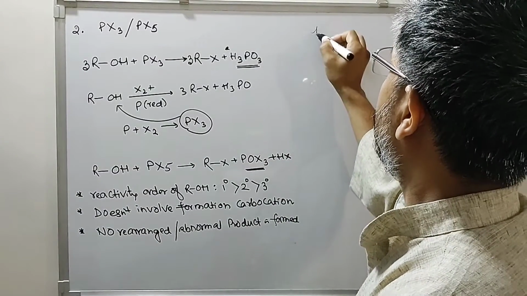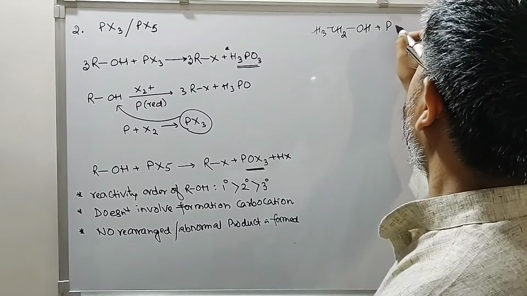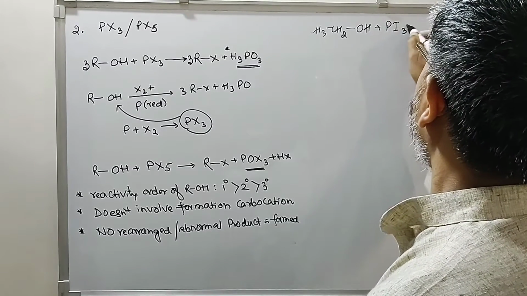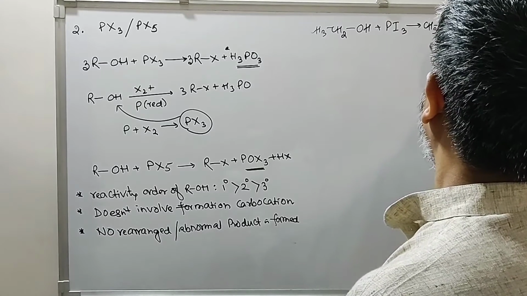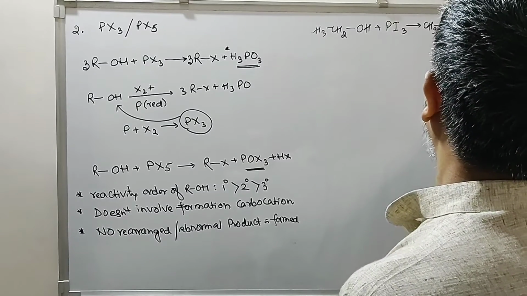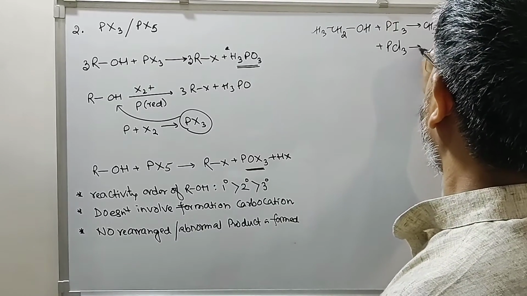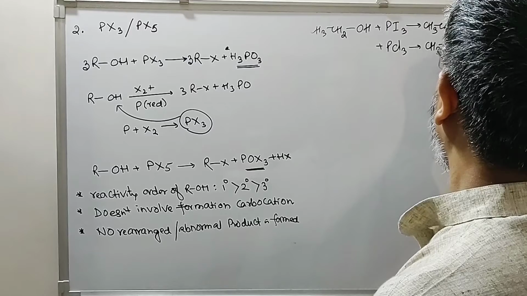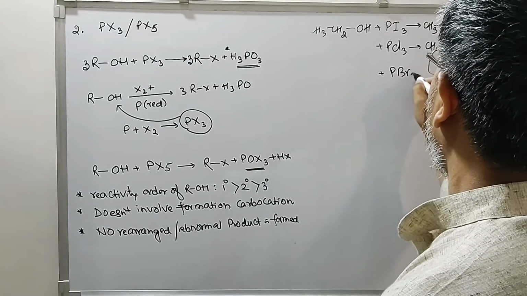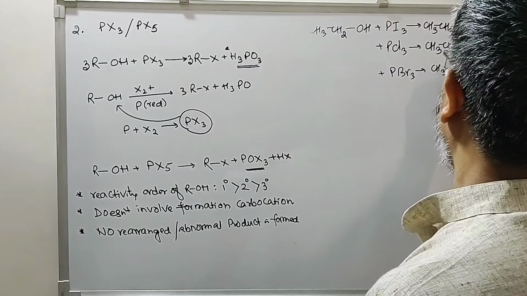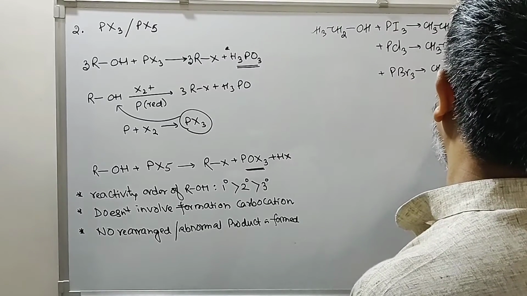So look at this, we have CH3CH2OH reacts with PI3. So this gives you CH3CH2I plus H3PO3. This reacts with PCl3, so this will give you chloro compound. If this reacts with PBr3, this gives you CH3CH2Br.